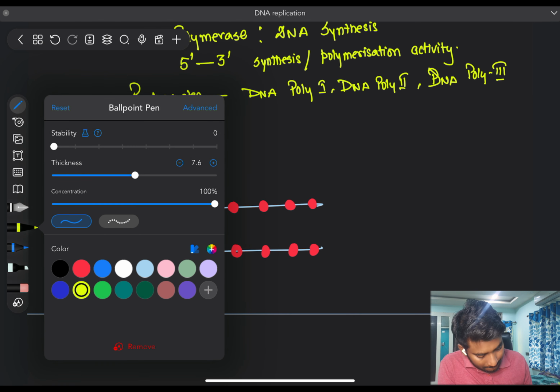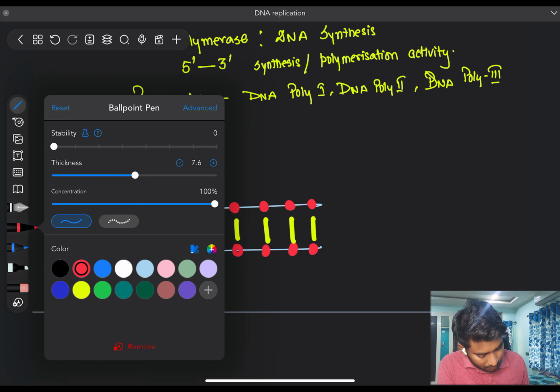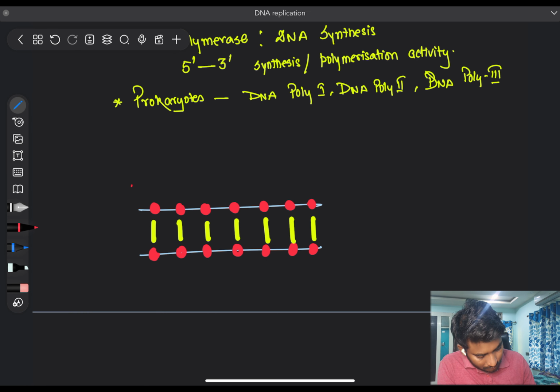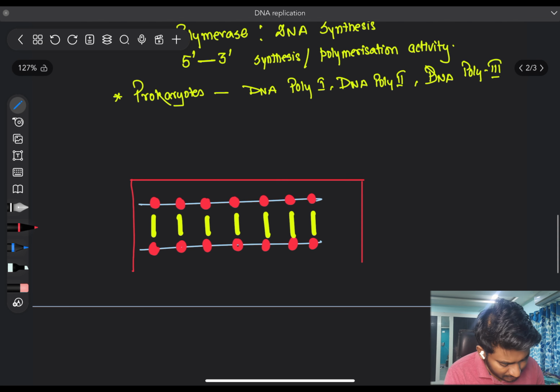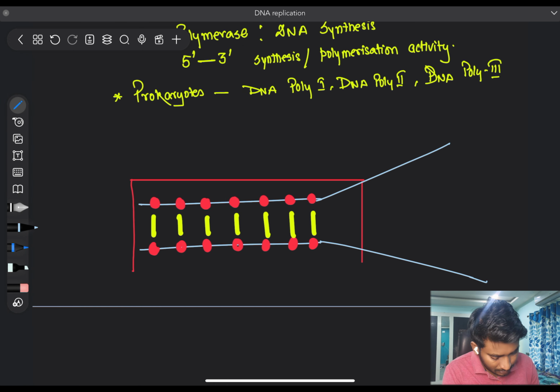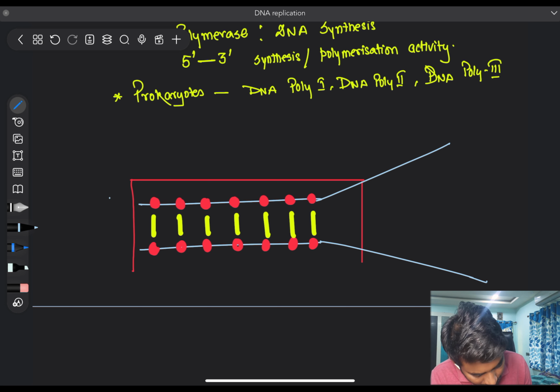Okay. Now this is the 5 prime end, this is the 3 prime end, and this is the unwinding.